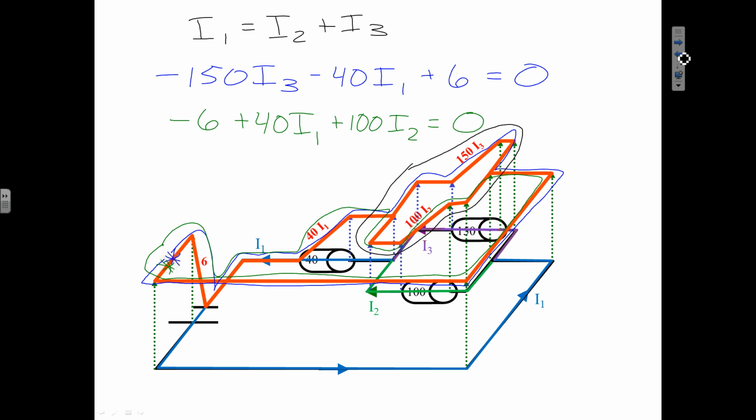So let's see. I'm going to start right here. And I'll go up over the 150, so I get 150 I3, come around, go down over the 100, so minus 100 I2, and I'm back where I started, so it's equal 0.